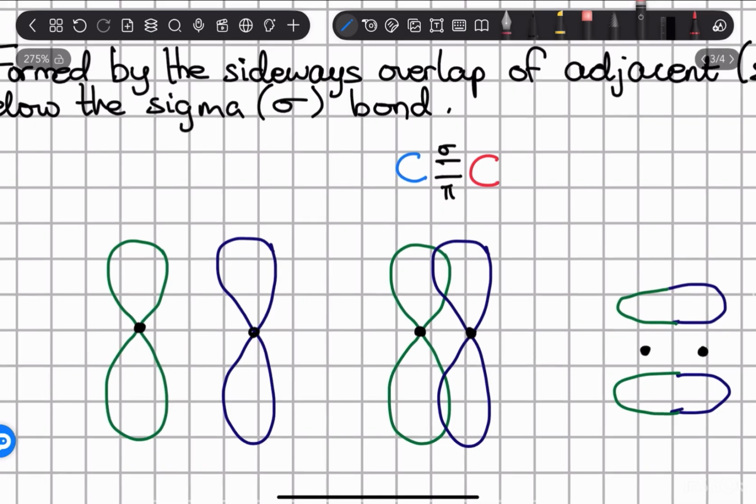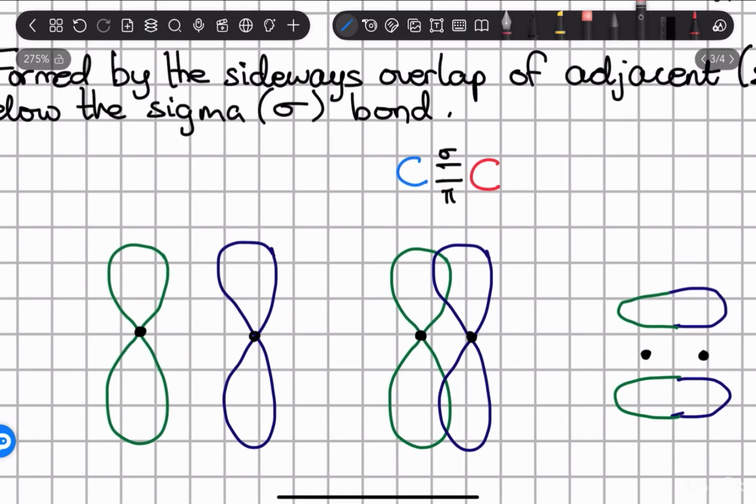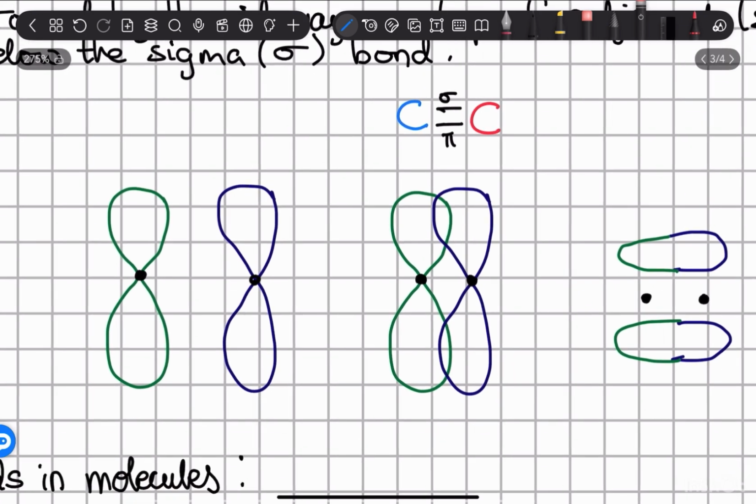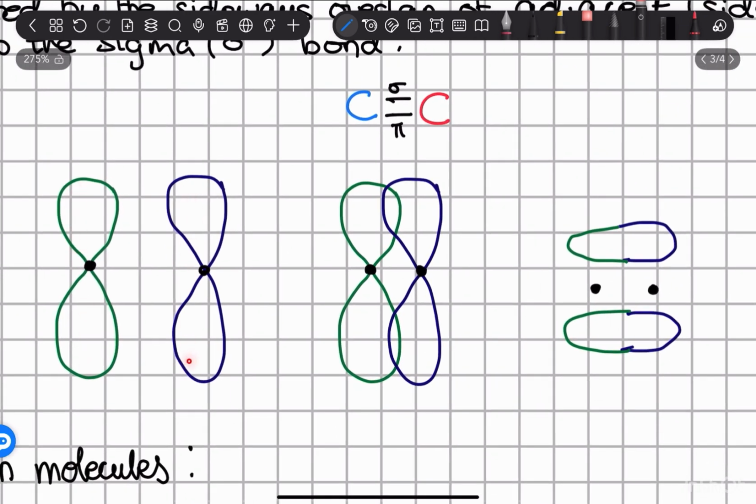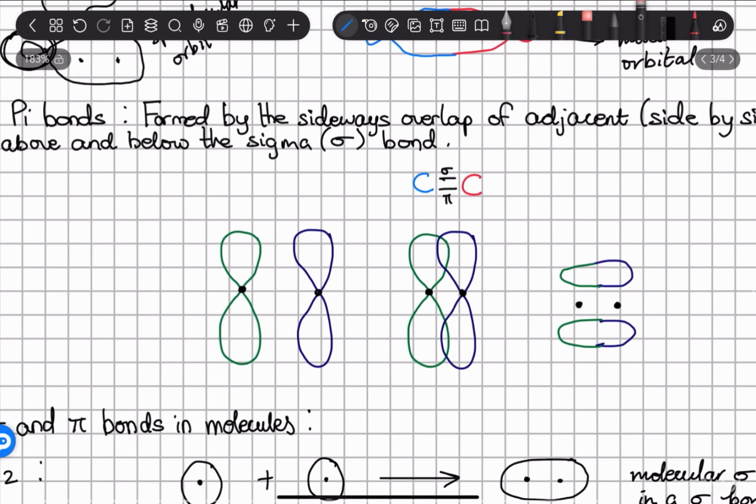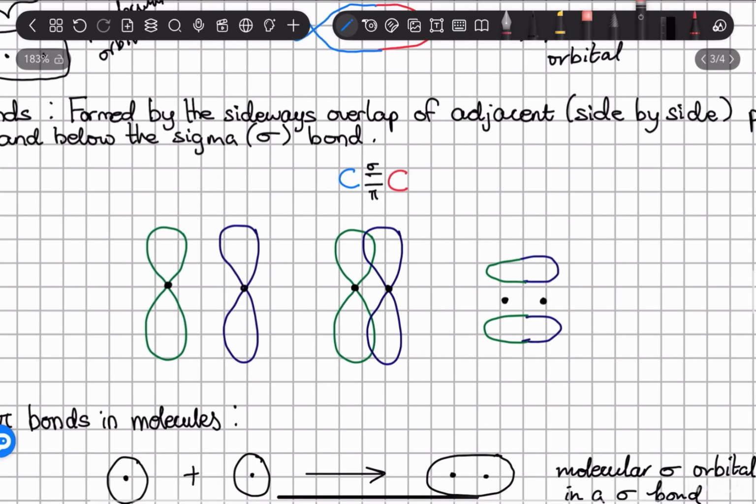I have drawn that later on so that you can see what it looks like when both those bonds are present. Essentially, this is two pi orbitals within the same molecule, both within these two carbon atoms.